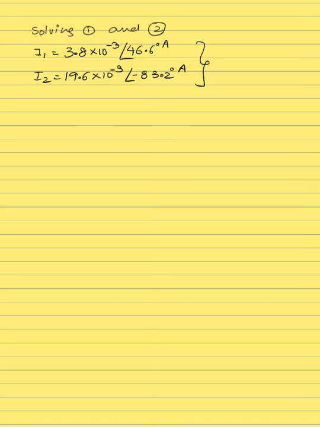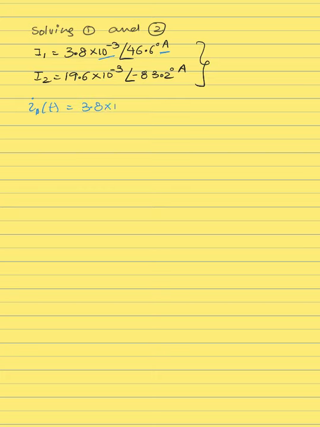If the question is asking you to put the final results in time domain form, so in that case, I1 in time domain is going to be the amplitude 3.8, and here the units are amperes. Okay, 3.8.